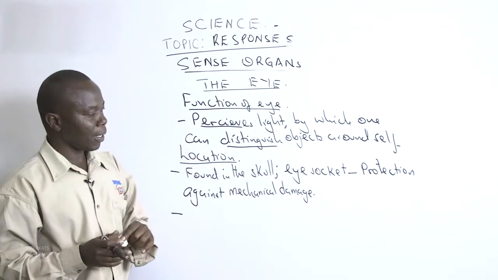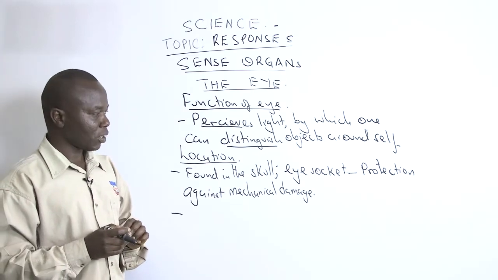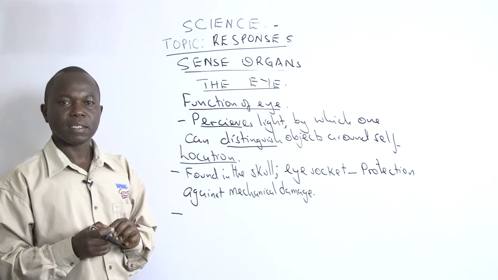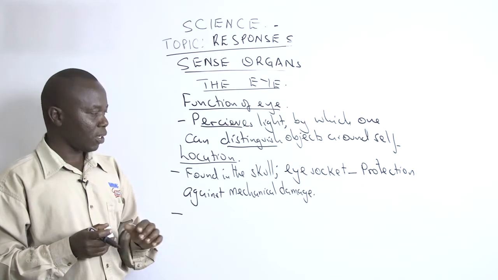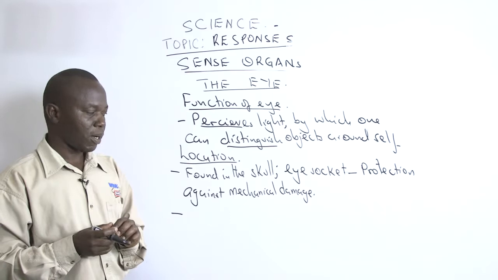But still in this eye socket, there is a lining of fat that also absorbs or cushions the eye against shocks. Therefore, in that process, we say it acts as a shock absorber.